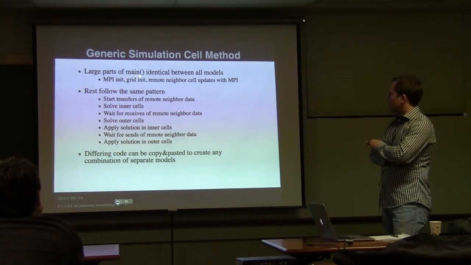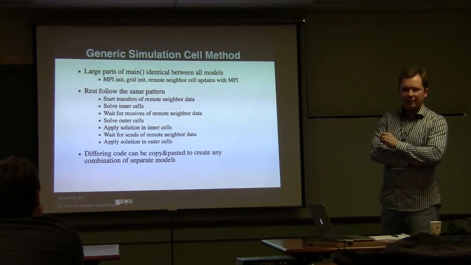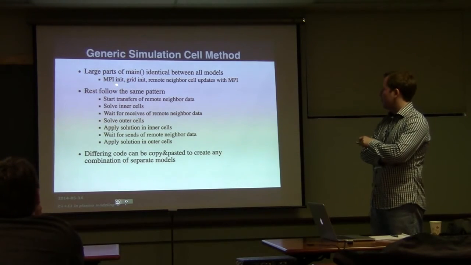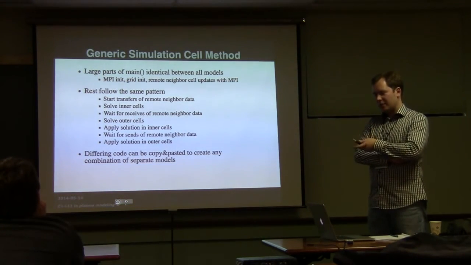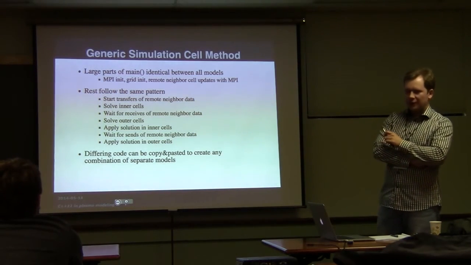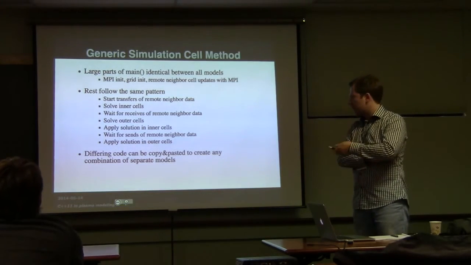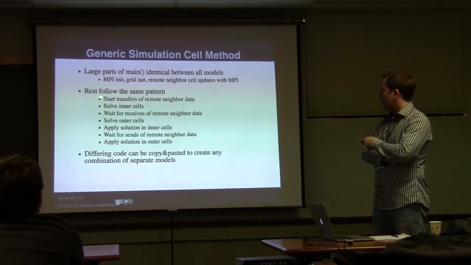So large parts of the main function are actually identical between models. You initialize the simulator or the MPI and then the grid, and then when you update data between different processes, if you have a good encapsulation for the grid, you just call one function and it does the update, and the rest of the code follows basically this pattern.